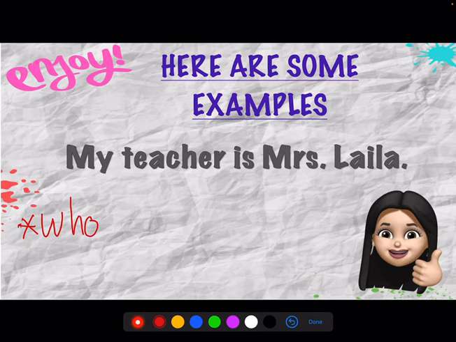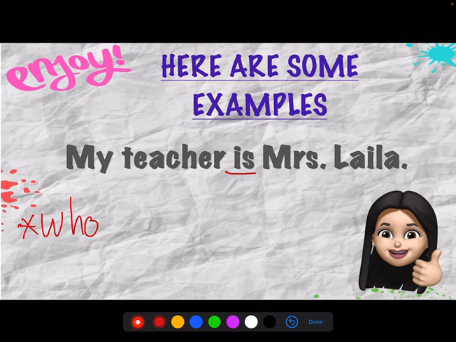Now, where is the verb in the sentence? Pay attention that you could have a base verb, like in the previous example, likes, or you can have a helping verb, for example, verb to be, verb to have, verb to do. In this sentence, you have a helping verb, which is "is".